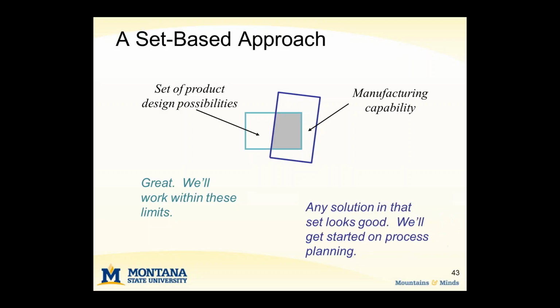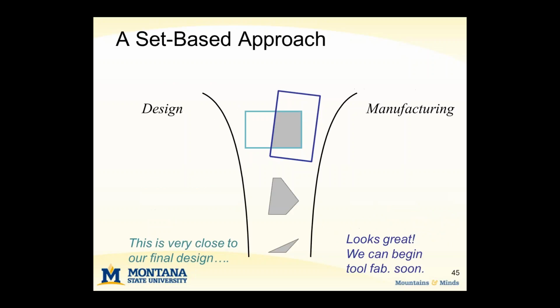So if we can identify that intersection and then go through our process of development elimination by staying within that identified intersection, then we have a process that becomes quite reliable, and it allows both sides to then work concurrently, adding increasing detail as they work their way through the development process.